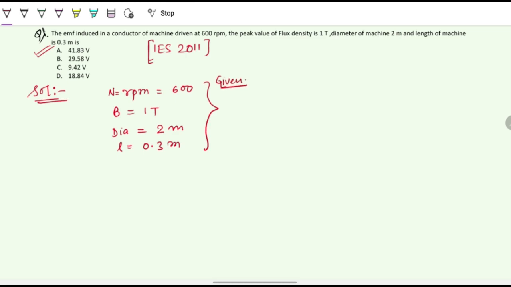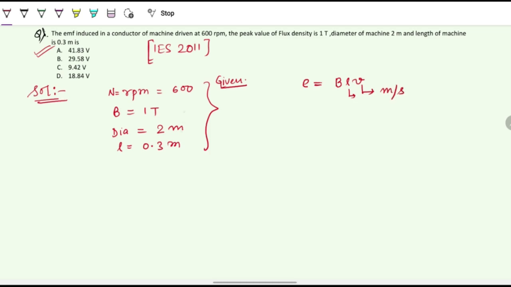Here in the question it has been asked to find out the value of the EMF induced in the coil in the machine. So induced EMF, as we had already discussed, is given by BLV, where B is the value of flux density, L is the length, and V is the velocity of the conductor in meter per second.